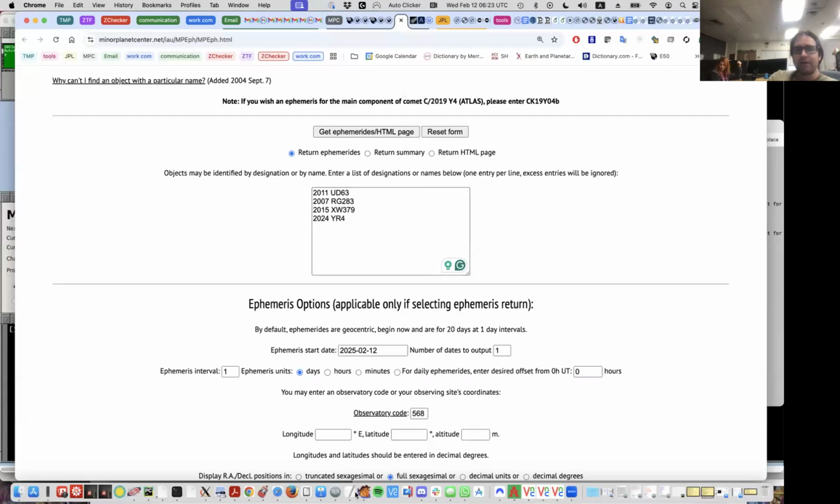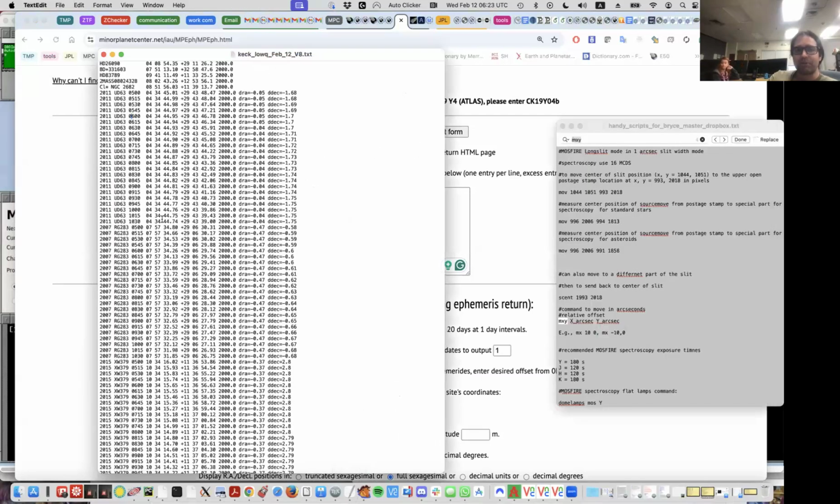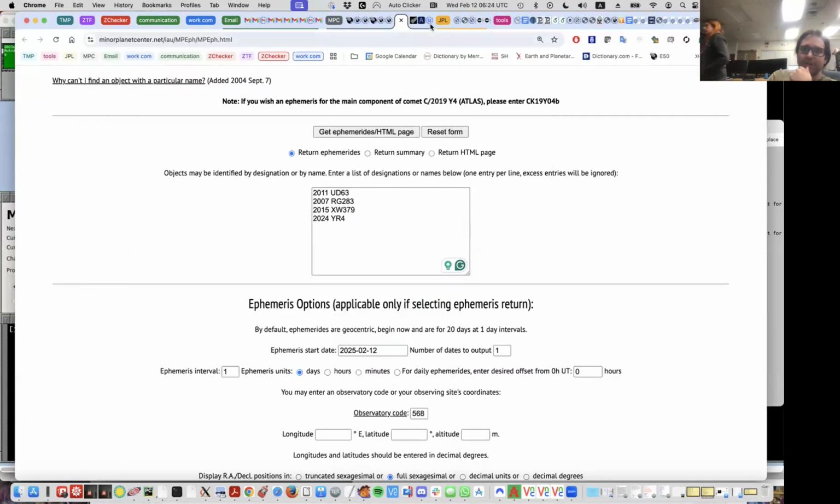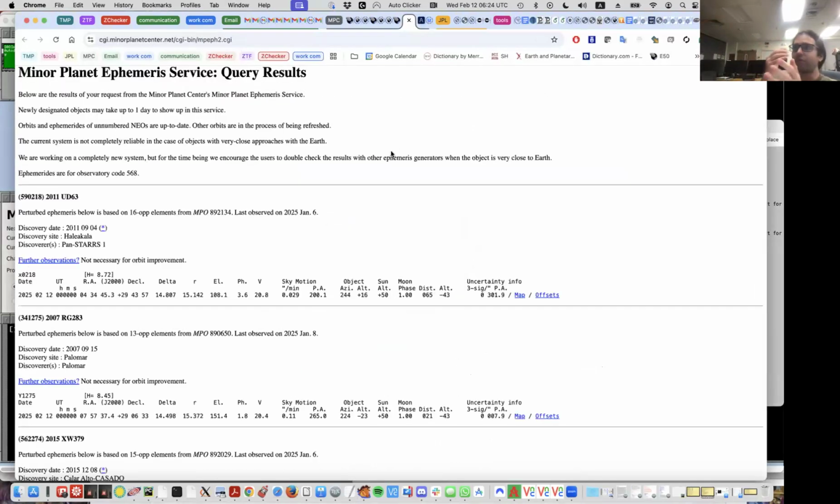The JPL has more precision. They have a better way of tracking how the planets affect the orbits of asteroids, but you can only do one object at a time, so it's not as convenient. We use a computer program that generates this target list, but for just observing in our browsers, we like to use the Minor Planet Center.